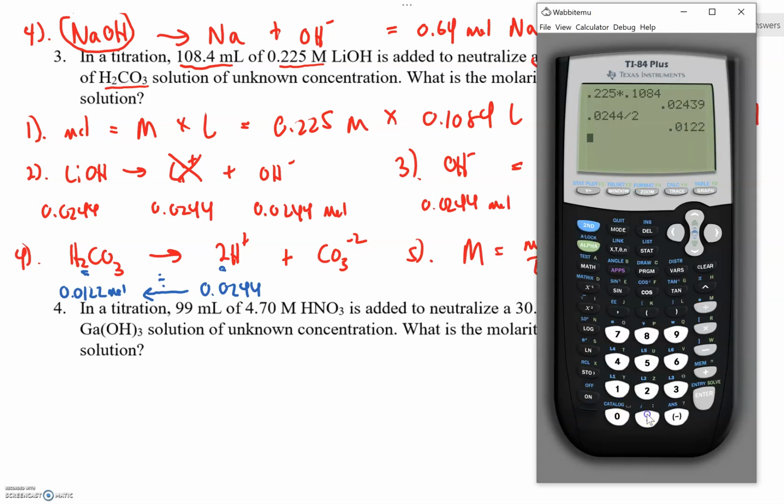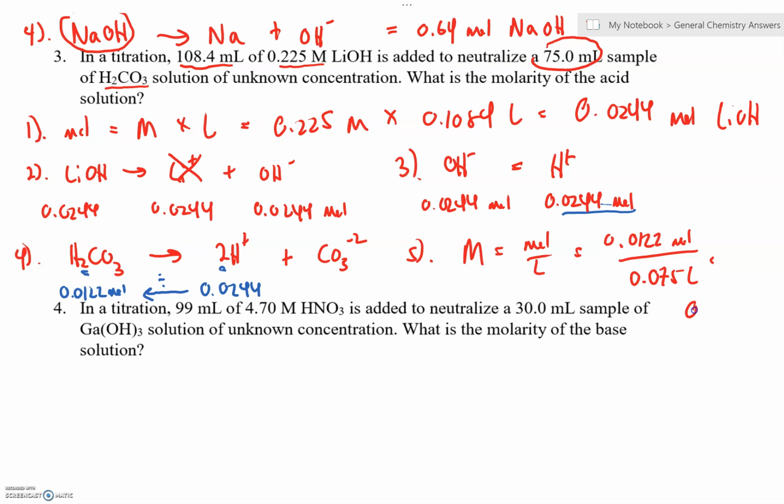We're going to say 0.0122 divided by 0.075. There is our answer, ladies and gentlemen. Our concentration is 0.162. We're going to round that to 0.163. And that is our final concentration, 0.163 molar H2CO3.